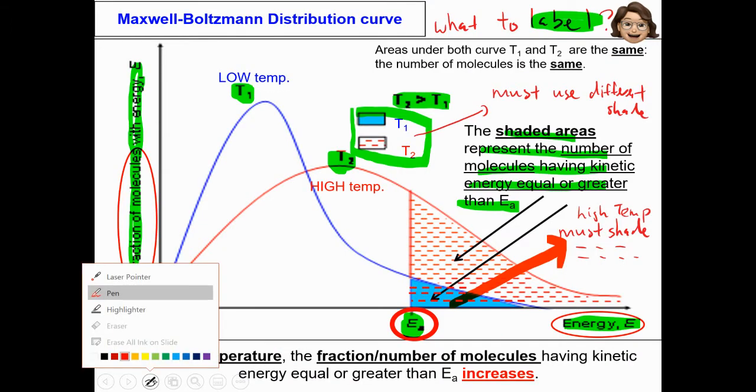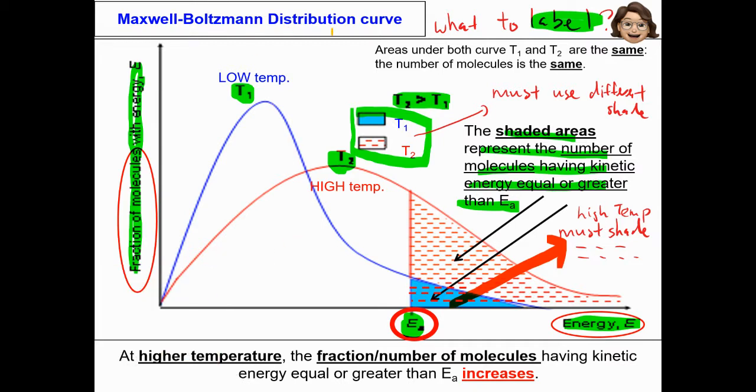Now I want to highlight, for the Maxwell-Boltzmann distribution curve, what you need to label. Number 1, the axes first. Label energy and then fraction of molecules with energy E. Then another thing you need to draw is the two curves, the one with lower temperature and another one with higher temperature.